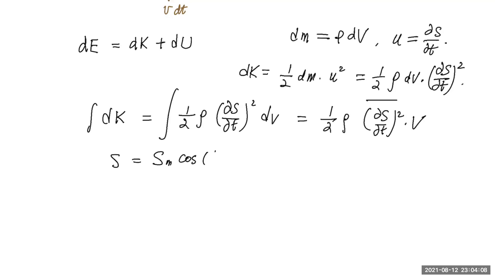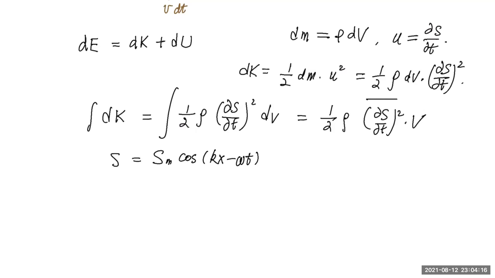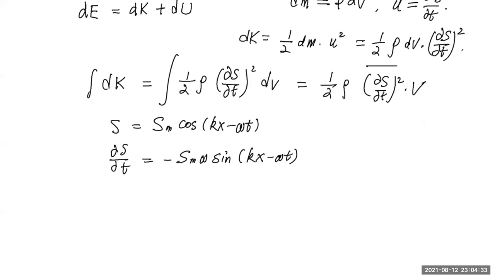So s equals s maximum cosine of kx minus omega t. That's the sinusoidal wave. Then we take a derivative, partial s partial t. You get negative s maximum omega, and then a sine function of kx minus omega t. All right, and you can square that.